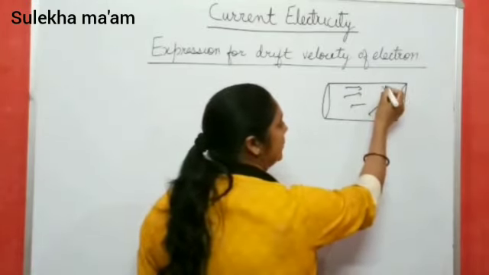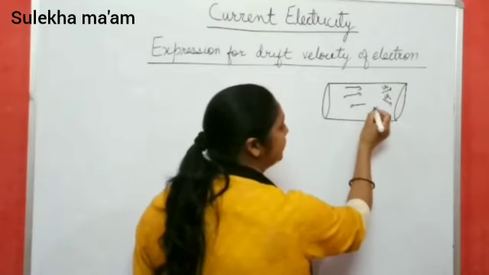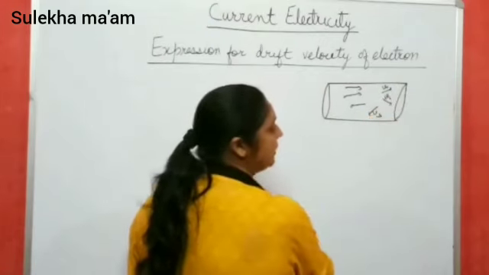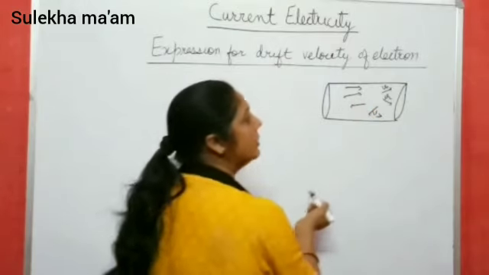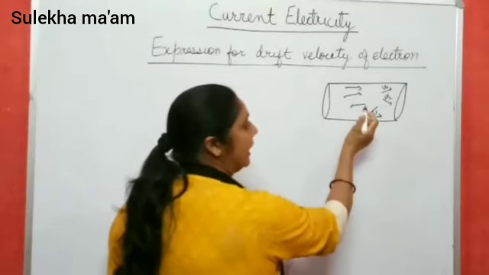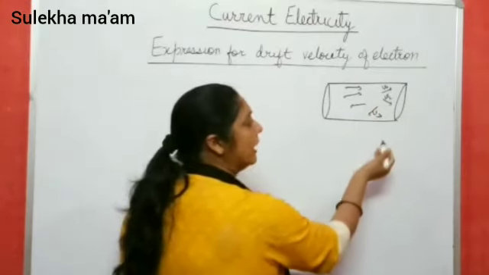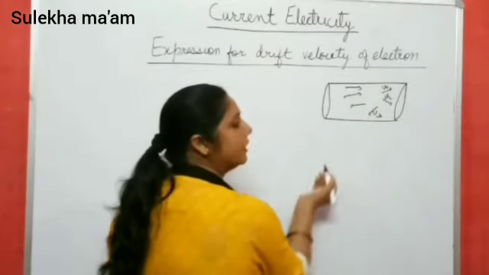Suppose the first electron gains velocity V1, the thermal velocity of the second one is V2, of the third one is V3. In this way, all electrons move with thermal velocity when no battery is connected, and they are moving randomly in all directions. So what is the average of this velocity?